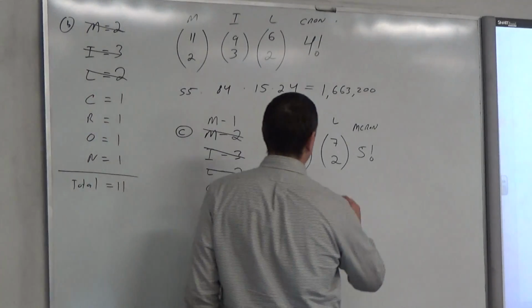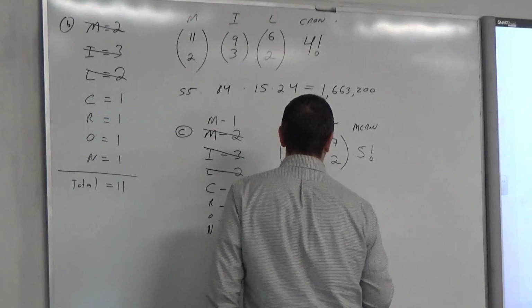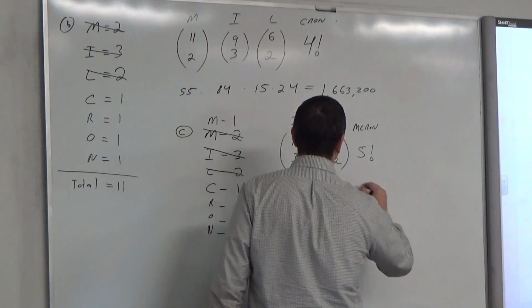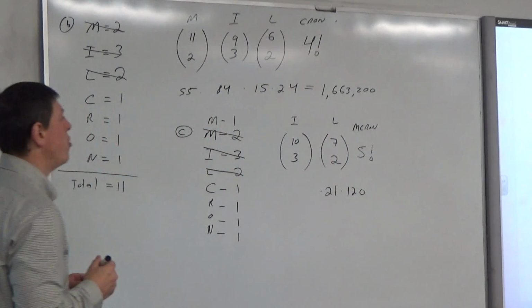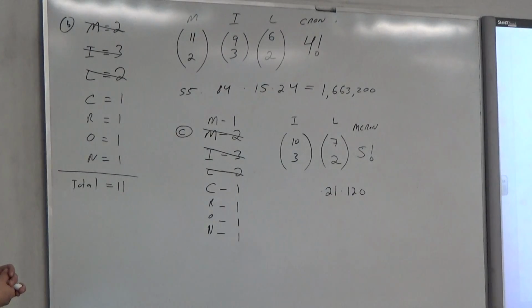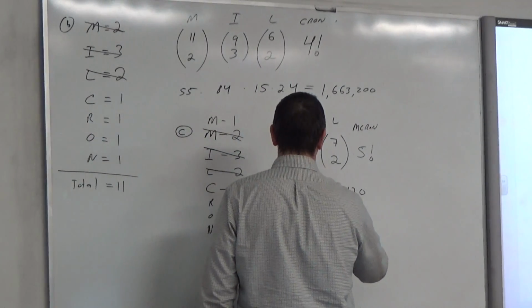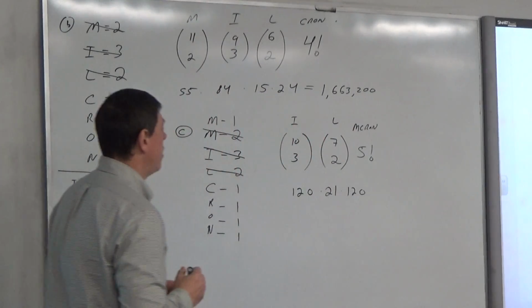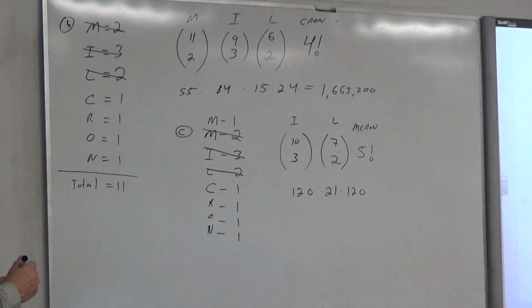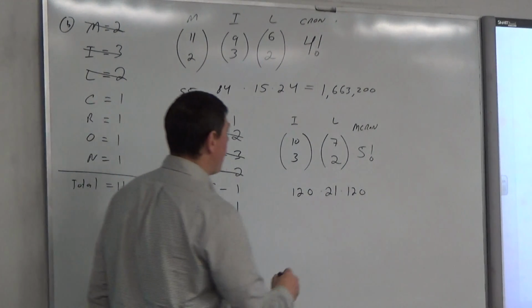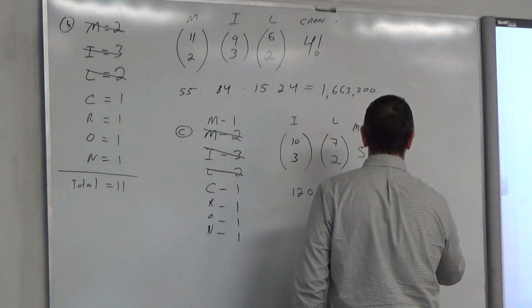We already know 7 choose 2 is 21. 5 factorial is 120. I don't know 10 choose 3 off the top of my head. 120 as well. So 120 squared times 21 is 302,400... 30240.